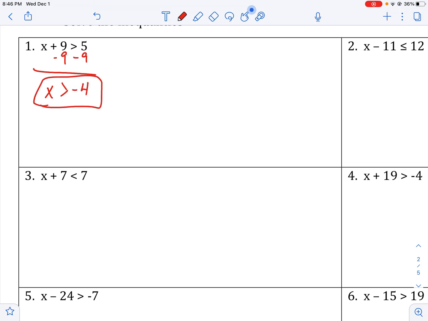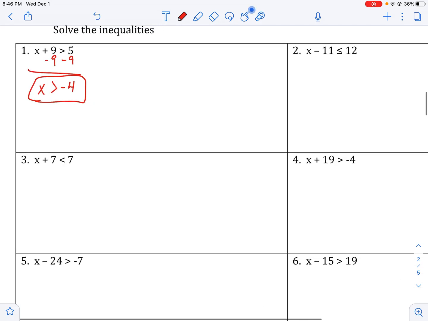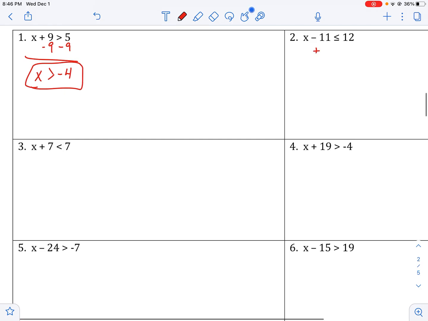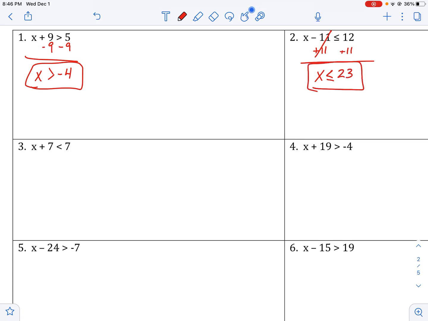And that's it. It's just like solving an equation. So if you were doing an addition or subtraction problem, you would identify the opposite operation that you need to do to get your variable isolated or by itself, and you would solve it just like you would any other equation.